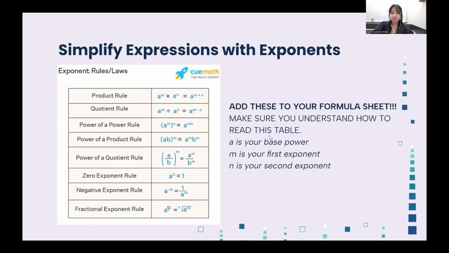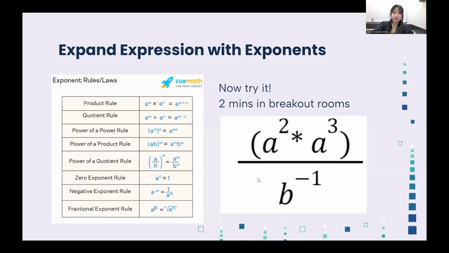Hopefully both of you have seen this. You're familiar. Great. So we're going to try this really quickly. I don't think I need to break this out into rooms. I'll set 2 minutes and see if you guys are able to solve it.